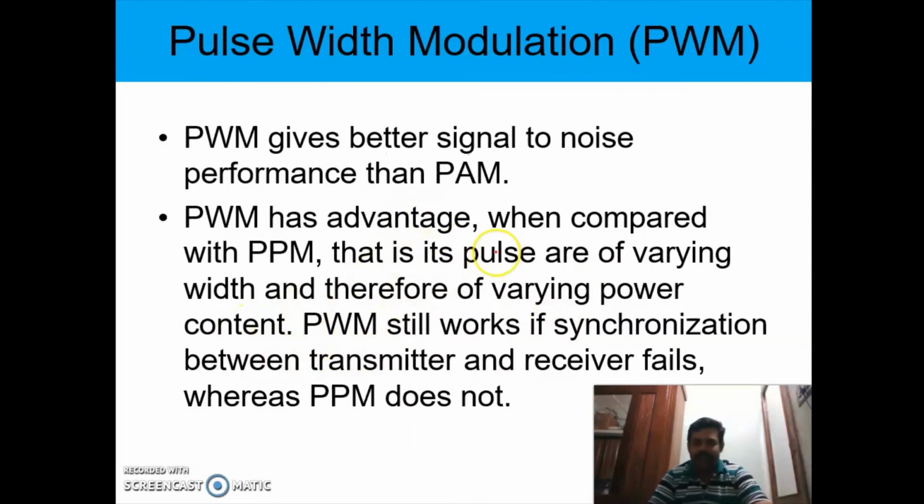Since the width of the pulse is varying, the power content is also varying. So pulse width modulation still works if synchronization between the transmitter and the receiver fails. So even if the synchronization between the transmitter and receiver fails, this PWM will work. But in the case of pulse position modulation, it will not work.